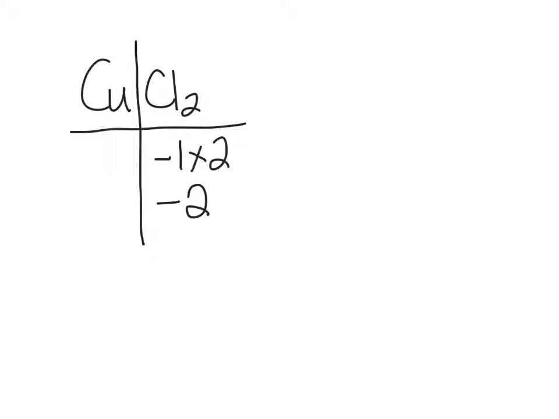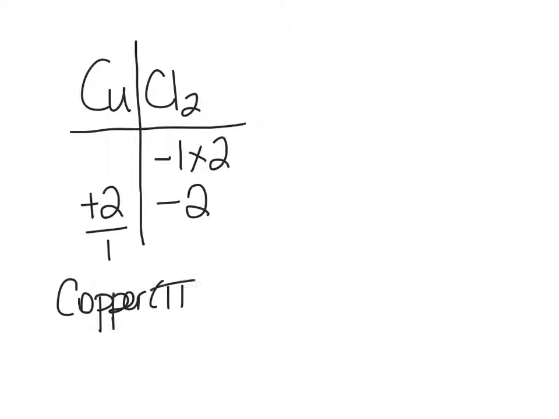That means the total positive must be +2. We divide it by the number of atoms of copper, of which there's only 1, and that tells us the charge on that copper. So here we've got copper 2 chloride.